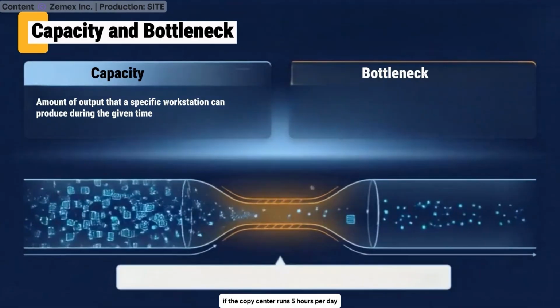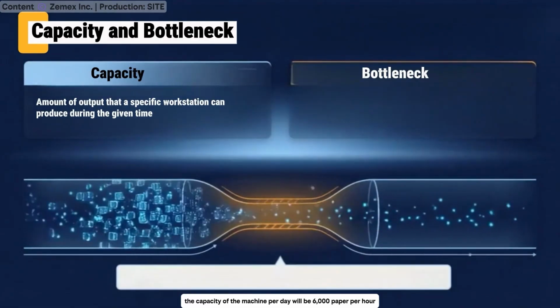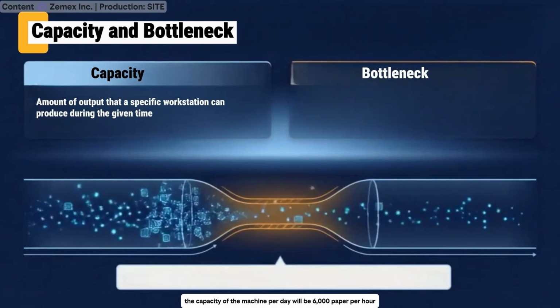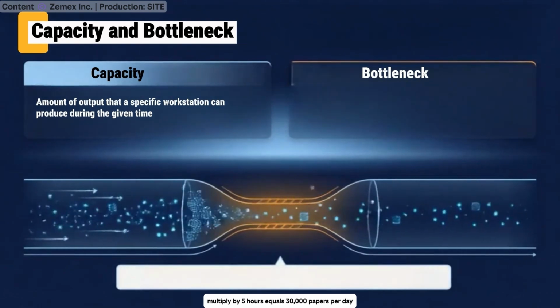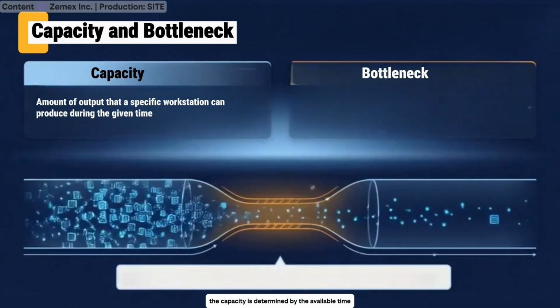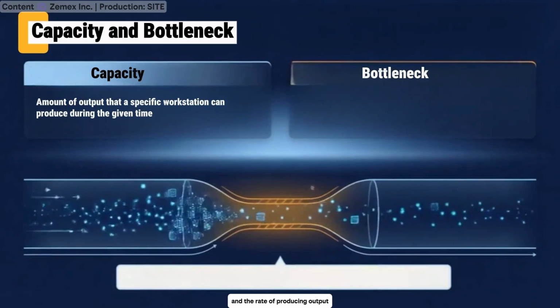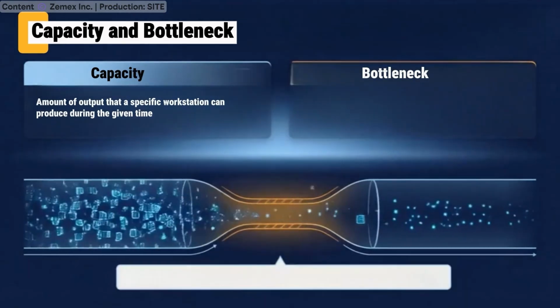If the copy center runs 5 hours per day, the capacity of the machine per day will be 6,000 papers per hour multiplied by 5 hours equals 30,000 papers per day, for example. So the capacity is determined by the available time and the rate of producing output at a workstation.